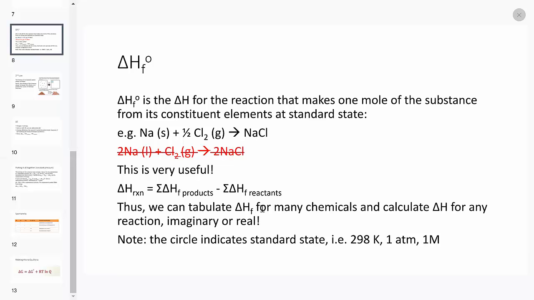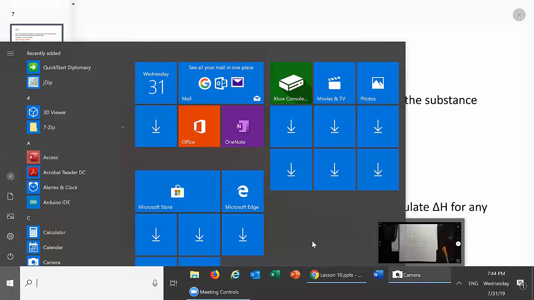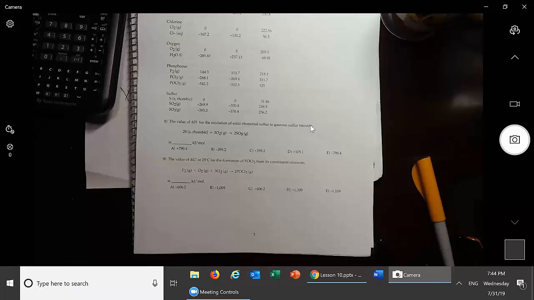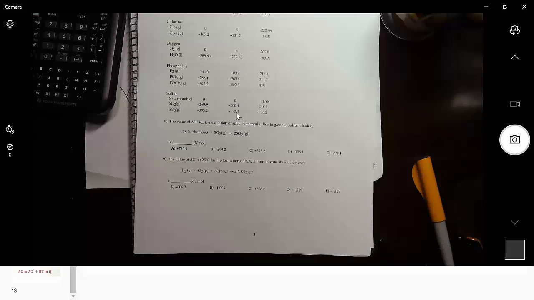So let's see if I can find some problems related to this. Let's look at problem 8. It's multiple choice. All of these are going to be multiple choice. How come I can't open up the chat? Okay.